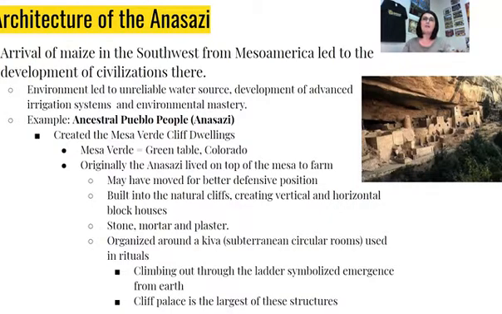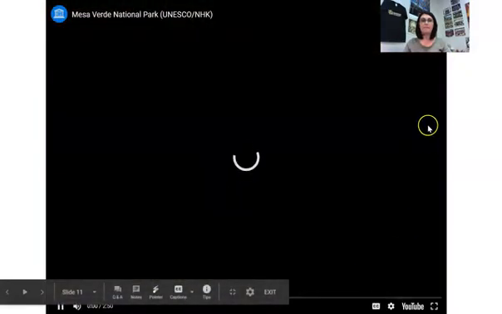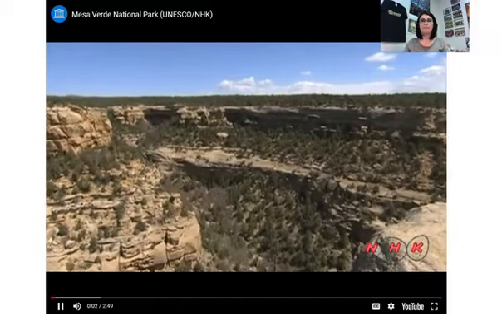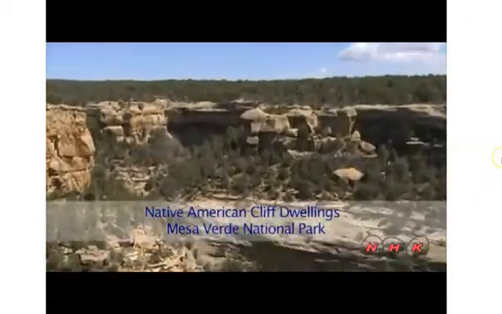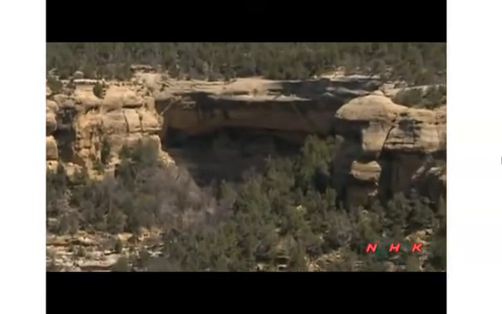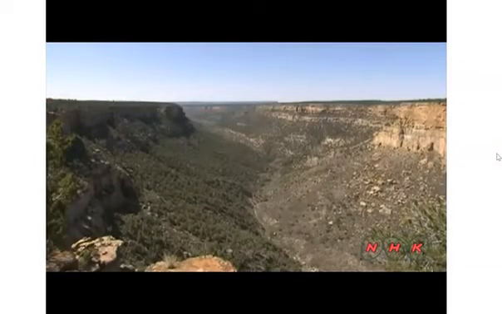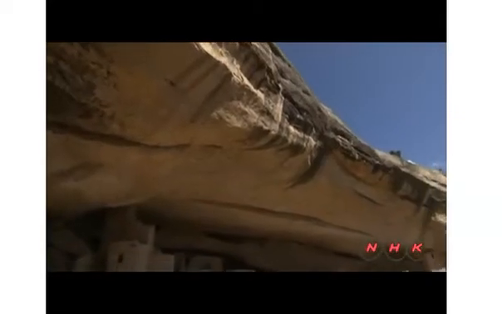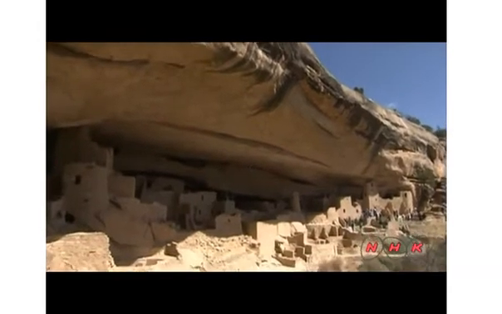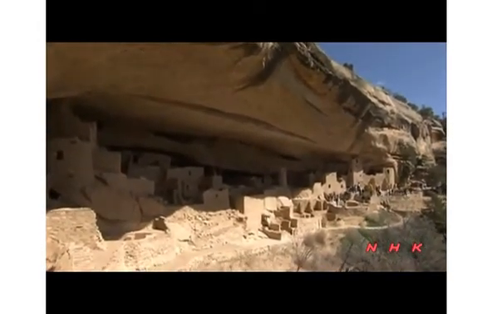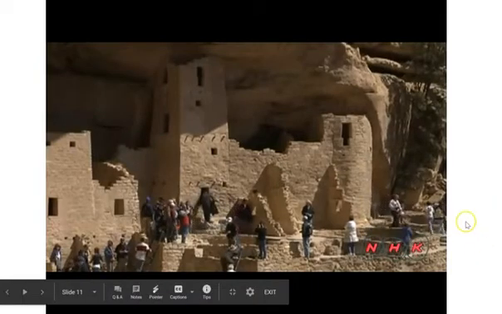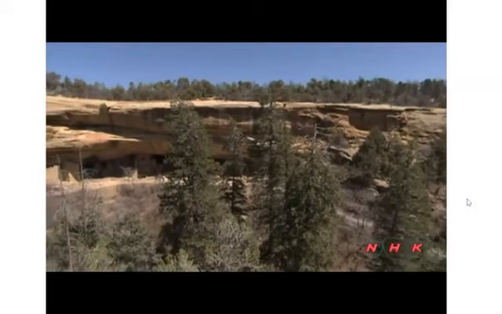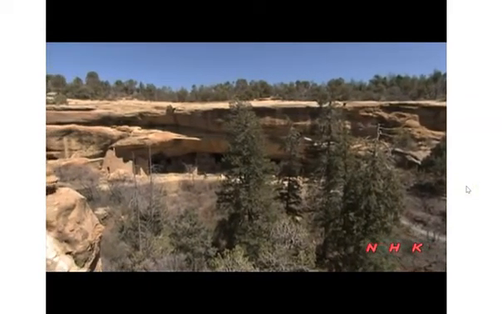We have archaeological evidence that shows that at one time there was a very advanced civilization living here. So you can see up above where the green area would have been.